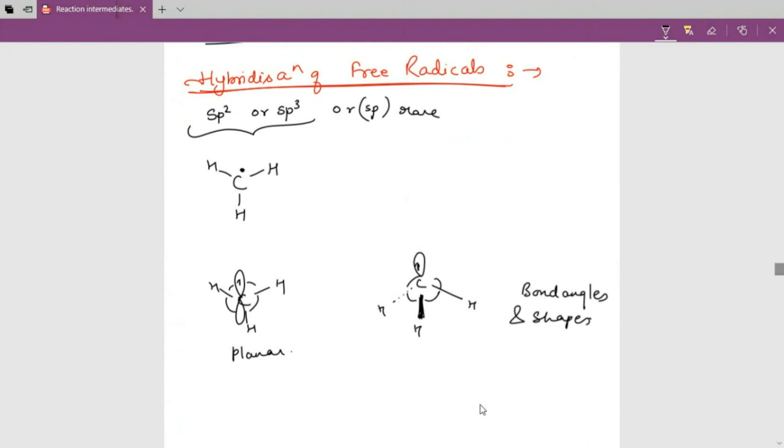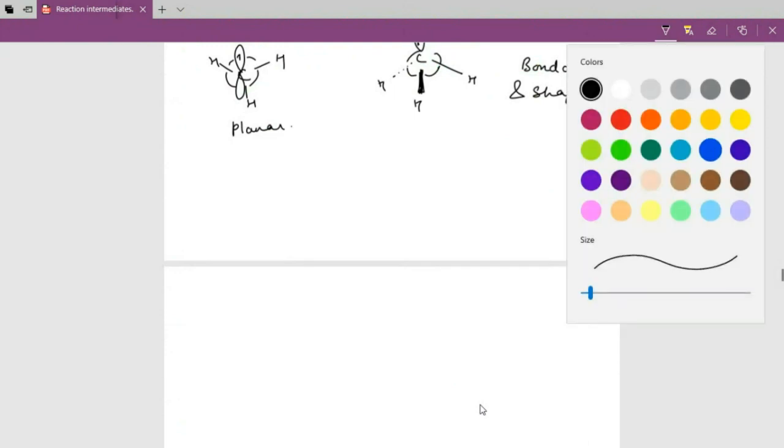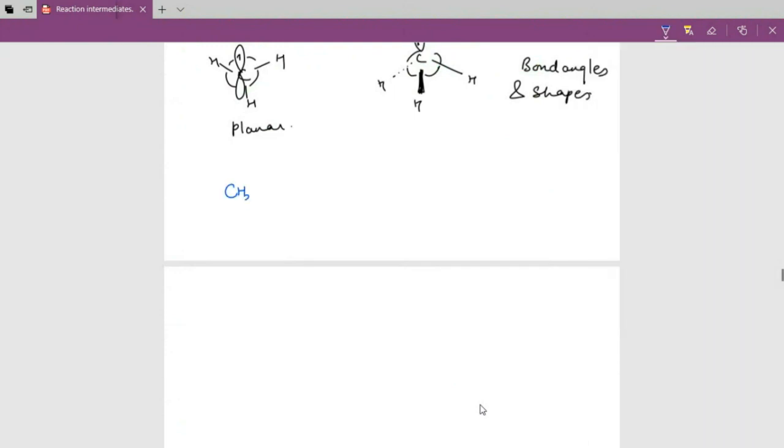it is found, please mark this as important, that from CH3 dot to CH2F dot to CHF2 dot and then to CF3 dot, with an increase in the number of fluorines, the hybridization shifts from sp2 to sp3.